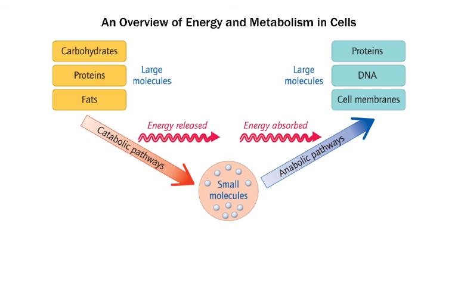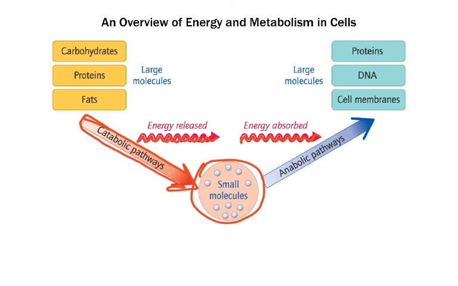So here's a pretty cool diagram. It shows we have large molecules, carbohydrates, proteins, and fats that you get from your food, and they will be broken down into small molecules. Now we know that breaking bonds requires energy, but it's also going to be producing ATP, which are energy carrying molecules. So we have small molecules, and then they will be put back together in a certain way.